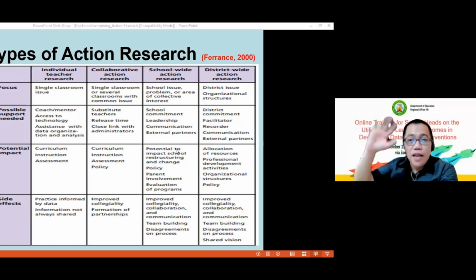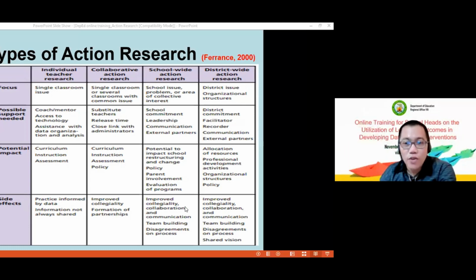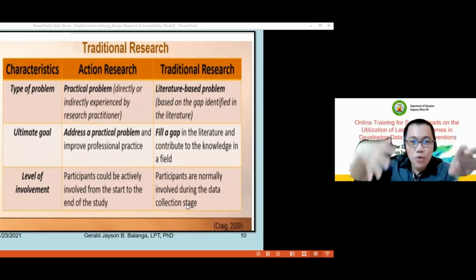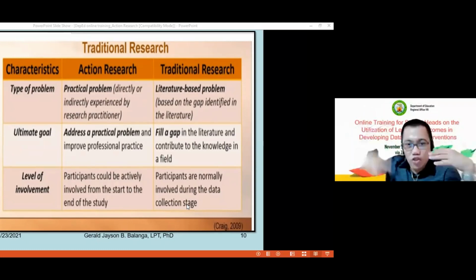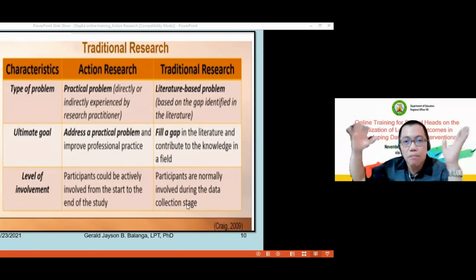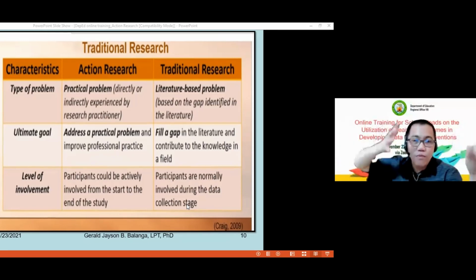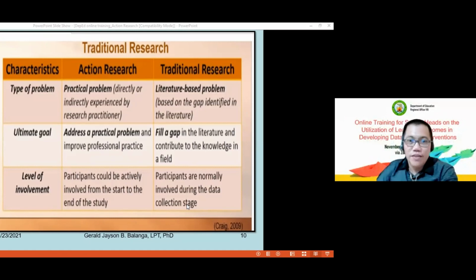Pero the level of complexity and difficulty of the intervention would just vary. So anong characteristics ng action research? Ang problem is practical, meaning the one which is experienced by the teacher, by the school head. And it addresses a practical problem. In terms of involvement, the participants are actively involved from the start of the study to the end. So yun ang characteristics ng action research.